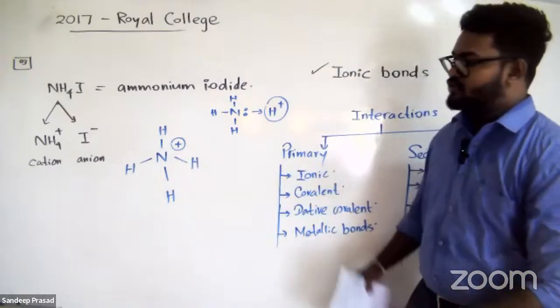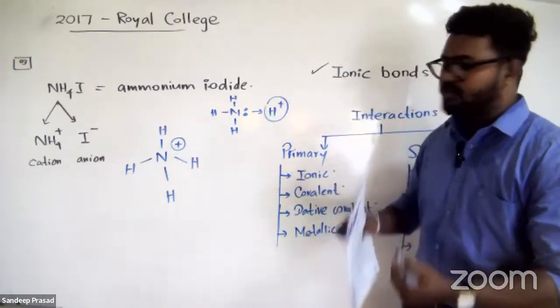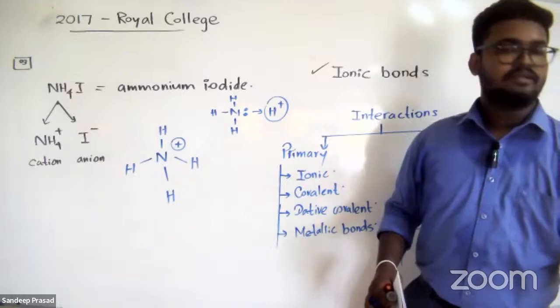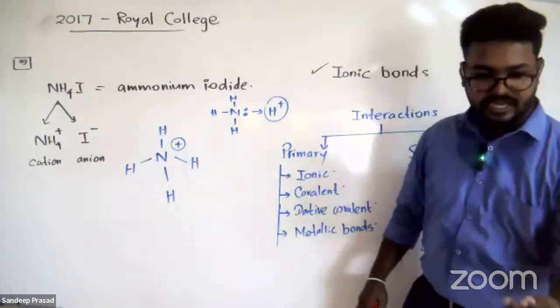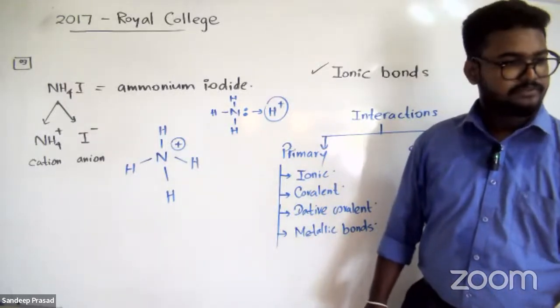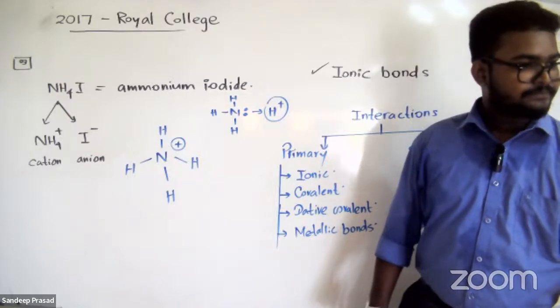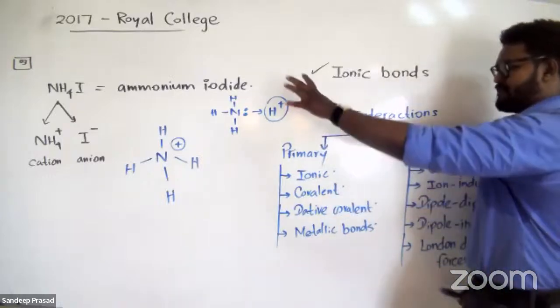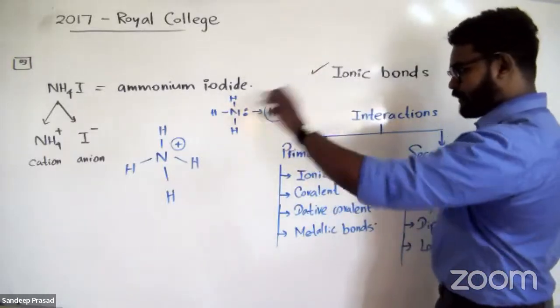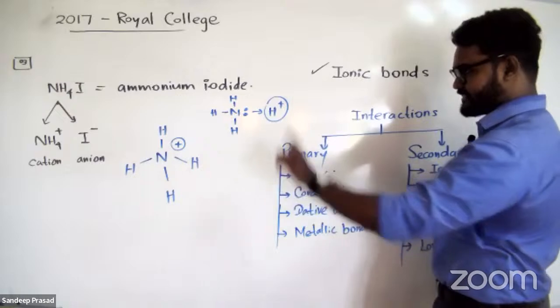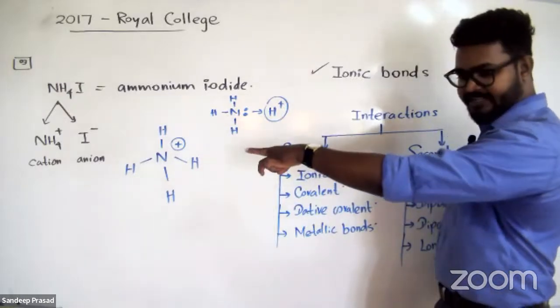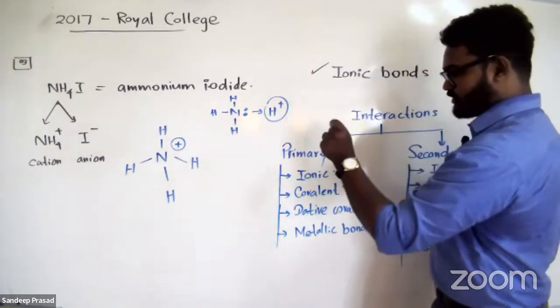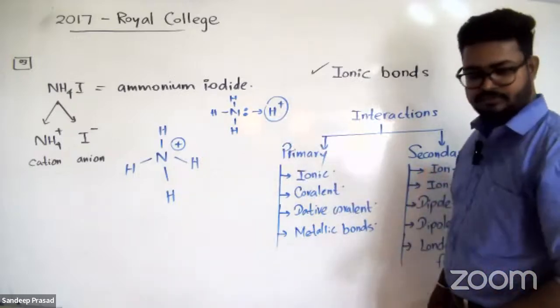Which means in ammonium iodide solution, ionic bonds, covalent bonds and dative covalent bonds are there. What do you say? Am I correct? You can argue with me if I'm wrong. In ammonium iodide, ionic bonds are there because ammonium is a cation and iodide is an anion, and the attraction between cation and anion is an ionic bond.